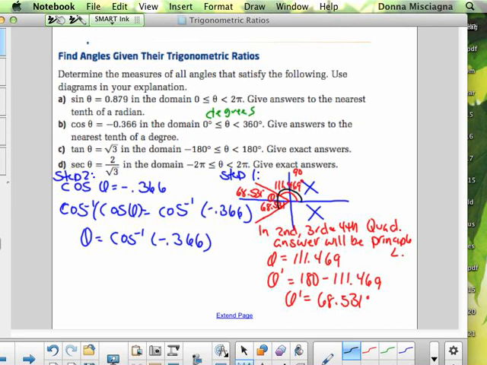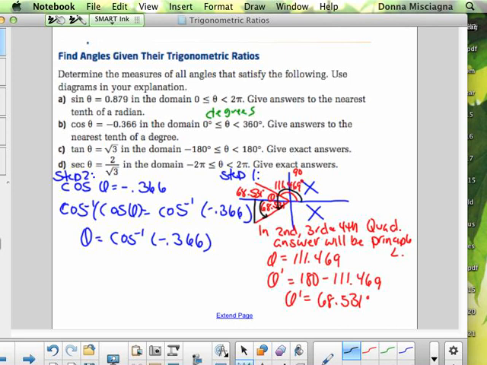And remember that the reference angle, I didn't draw these as triangles, but it always goes back to the x-axis. So it's the amount of turn from the x-axis to the terminal side. So this right here is the 68.531. If we want to find the whole angle, the angle that has this reference angle in the third quadrant, we'll have to use the rule for the third quadrant.